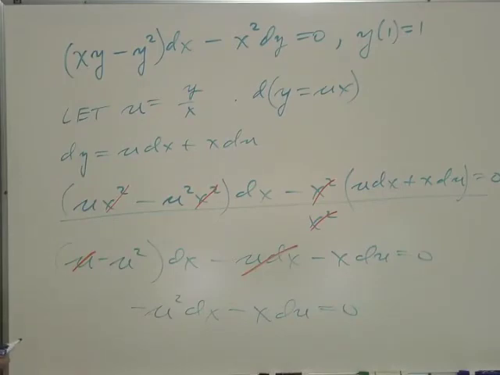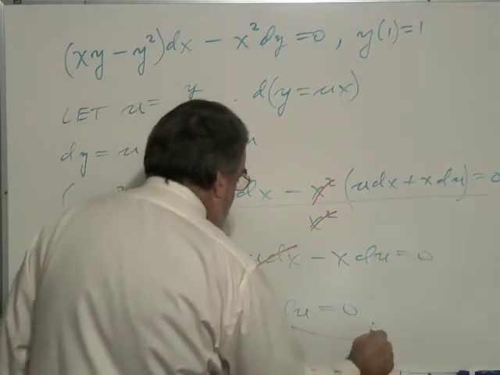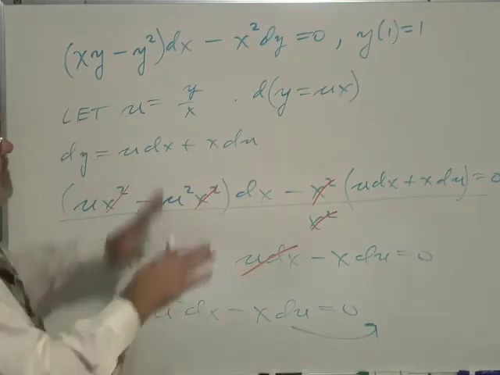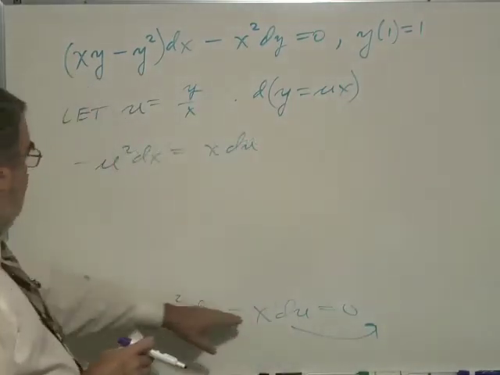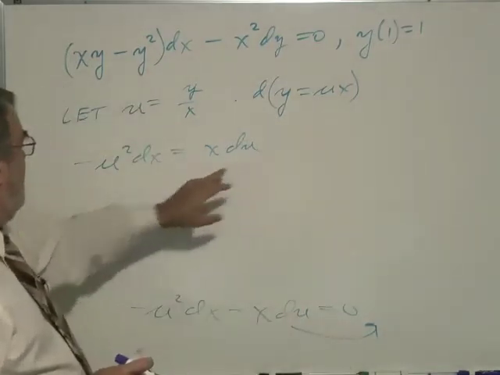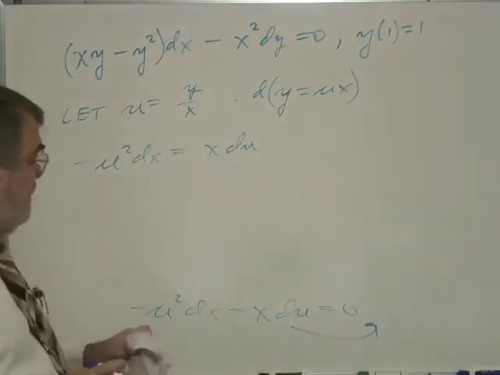Alright, I'm going to transfer one of these to the right side. I'll just arbitrarily take that one to the right side. I'm going to do some erasing. So we have taken this term to the right side: minus u squared dx equals x du.